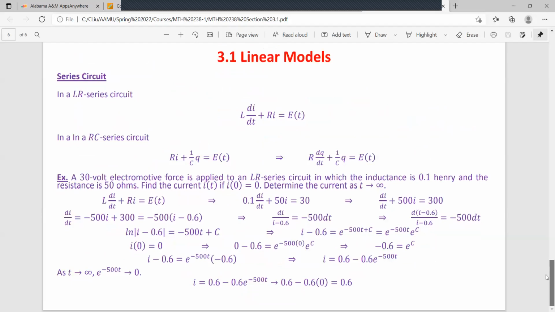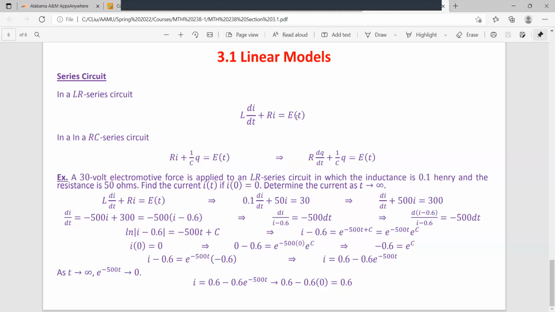The final example is about a series circuit. As we also discussed before, we have different types of series circuit. We can have an LR series circuit, inductance and resistance in the circuit.